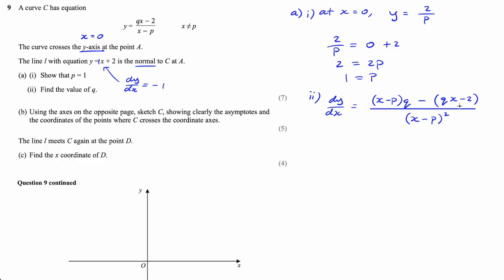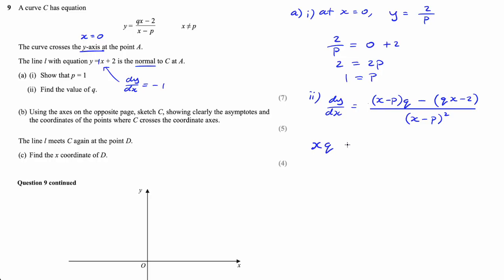Now we know p is 1, everybody, so I'm going to put 1 in for p, and I also know at this point, well, what do I know? Let's see. Well, I know this is equal to -1. Okay, so I'm going to put 1 for p.